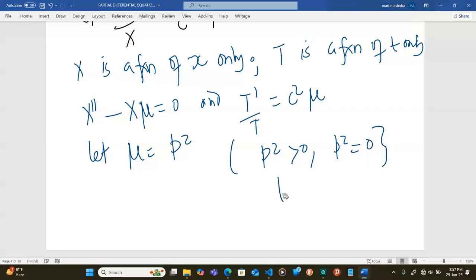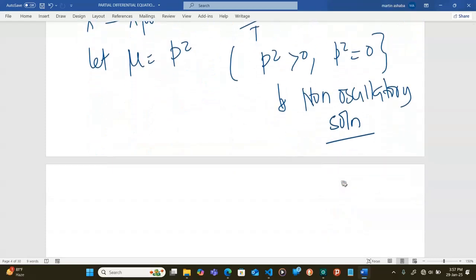Since you have a second order differential equation and a first order differential equation, you will have non-oscillatory solutions, so we will disregard them.